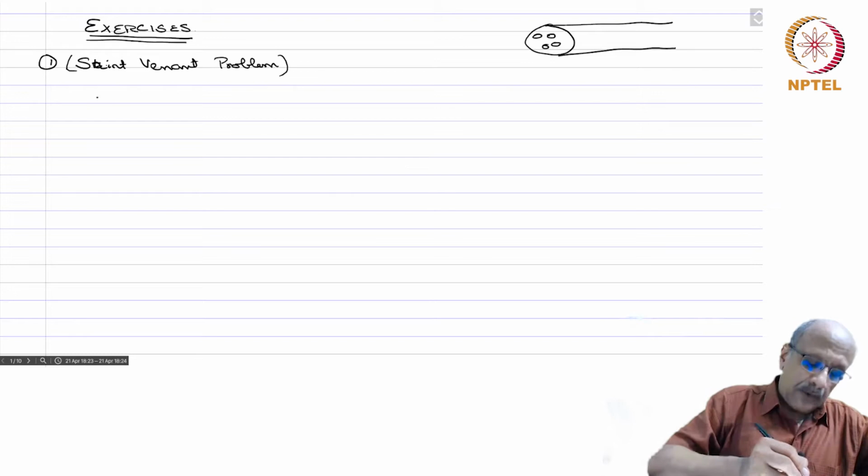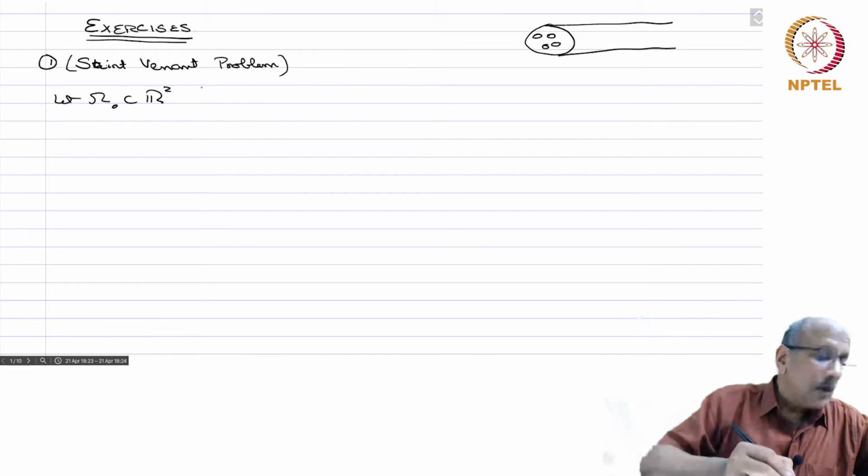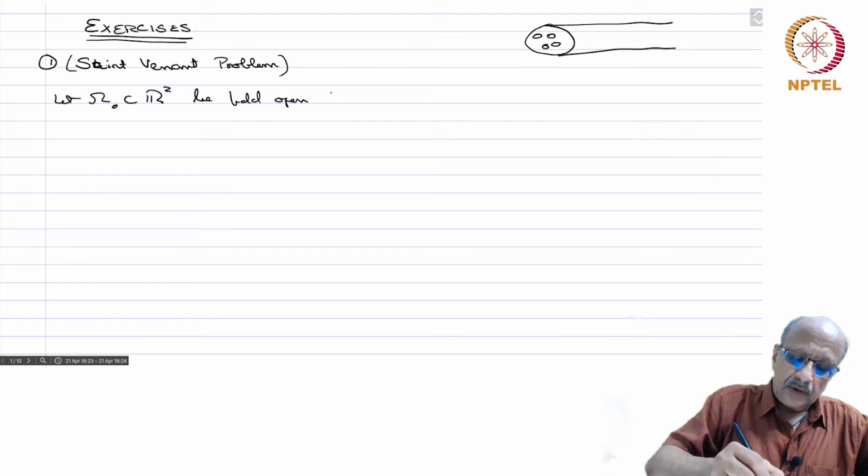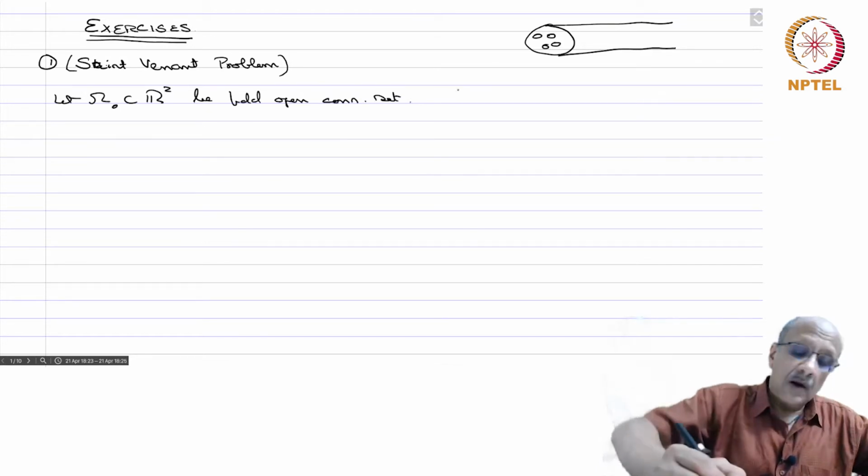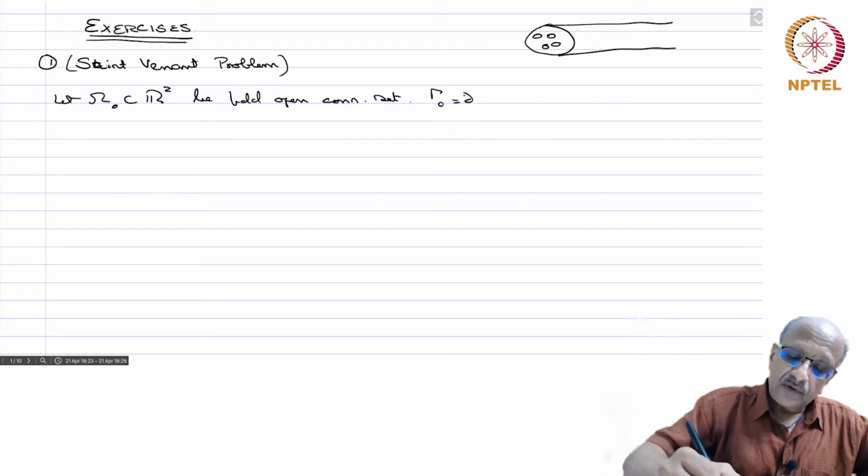So let omega naught contained in R2 be a bounded open connected set. Gamma naught equals d omega naught.